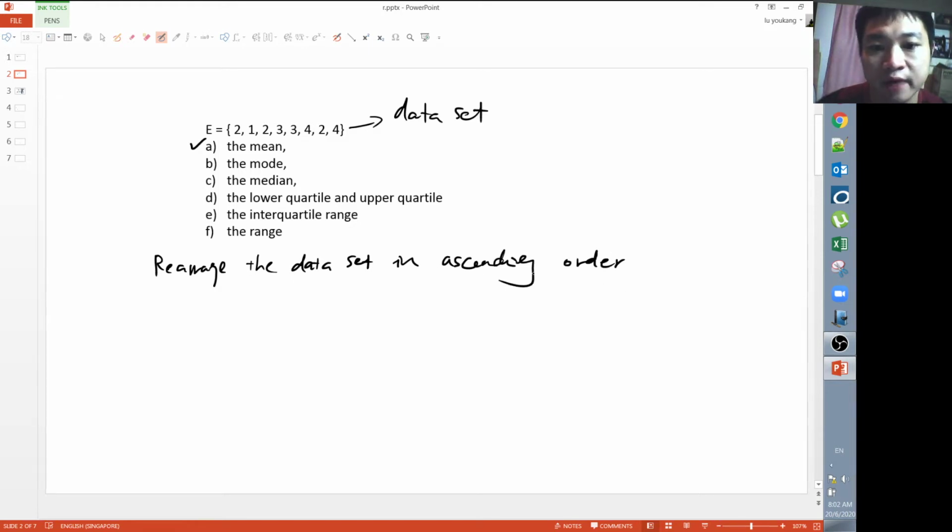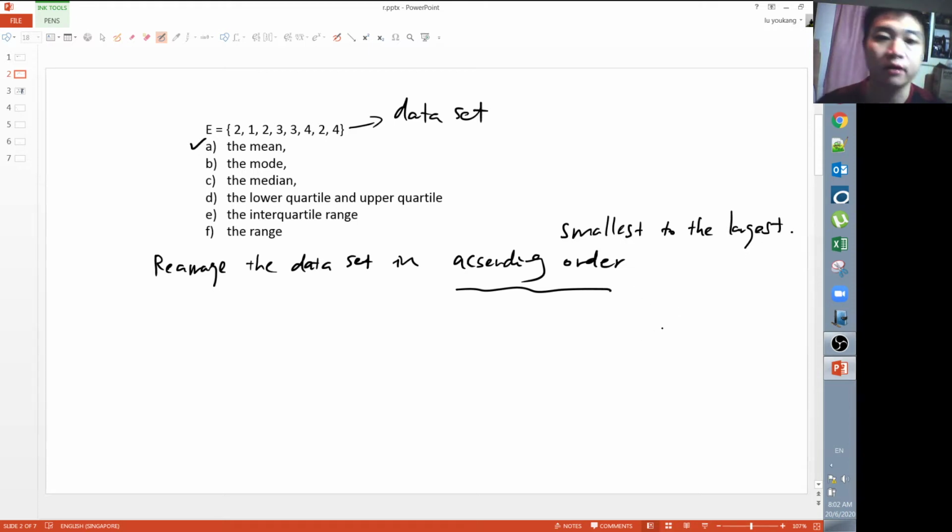What's the meaning of ascending? I'm afraid my spelling for ascending is wrong, so correct it. In ascending order means from the smallest to the largest. That's how you should rank your data set.